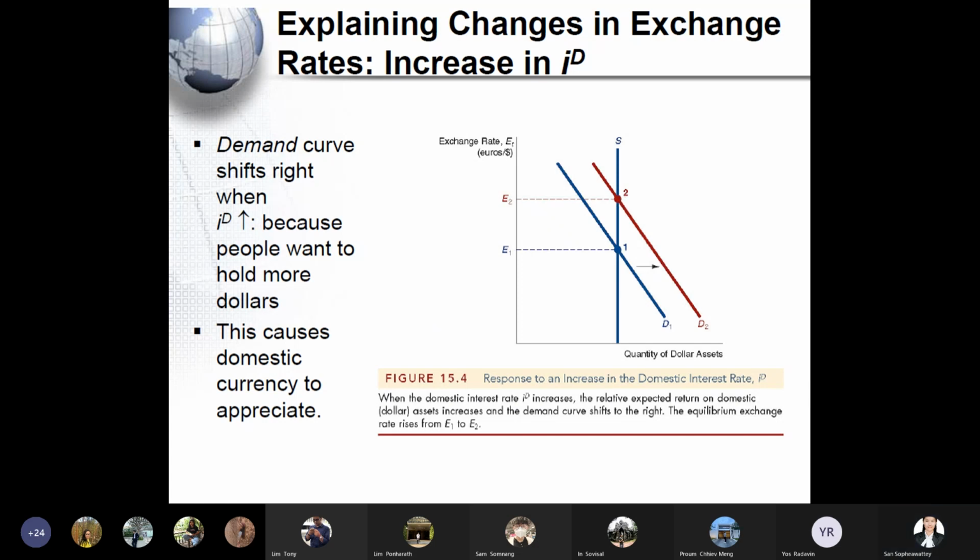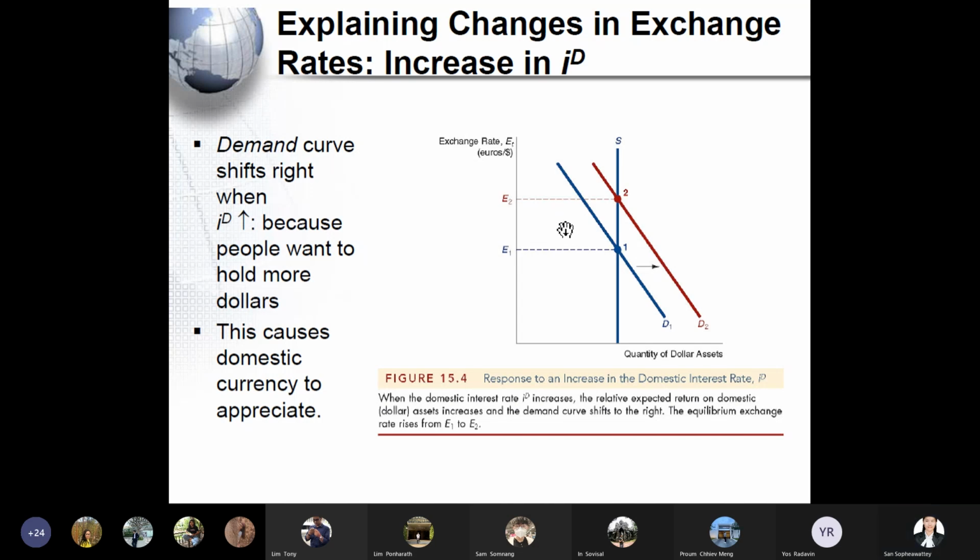So the return on dollar assets increases at this time because we have an increase in the interest rate of dollar assets relative to foreign assets. It means people want to hold more dollar assets. Then the quantity of dollar assets demanded increases at every value of the exchange rate.